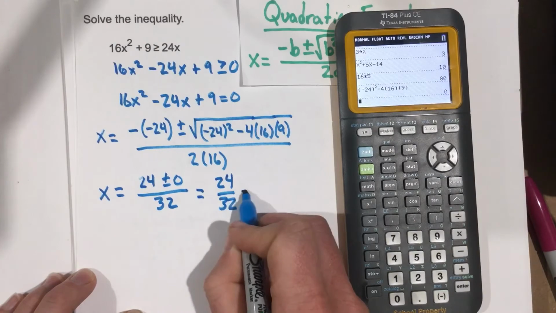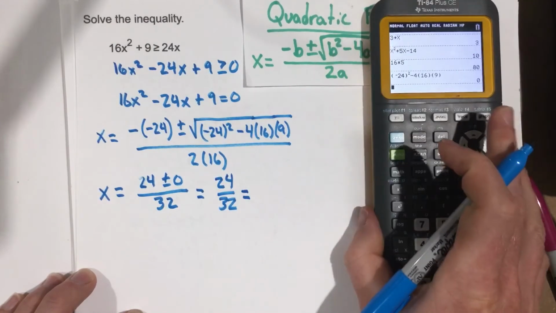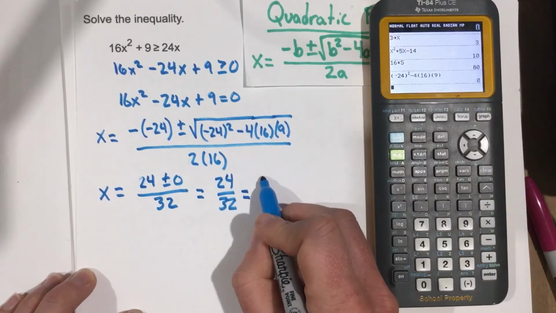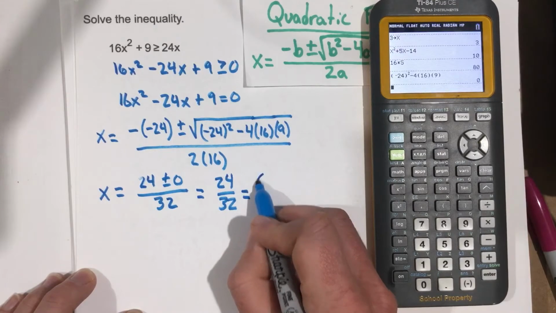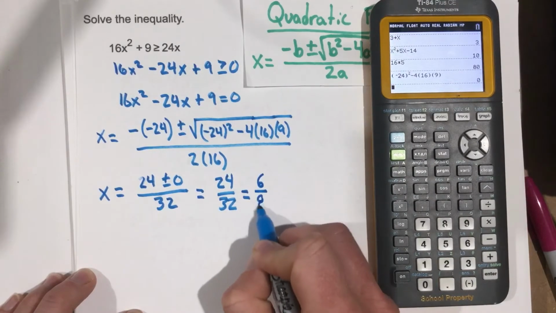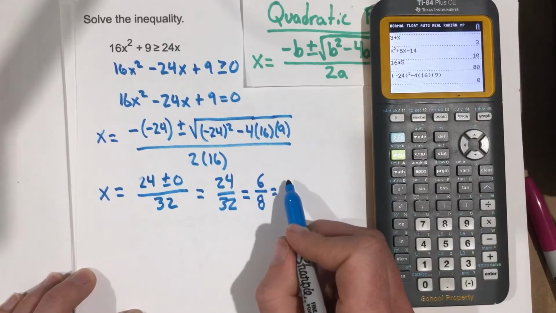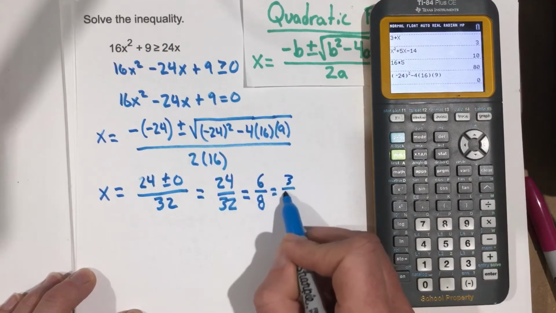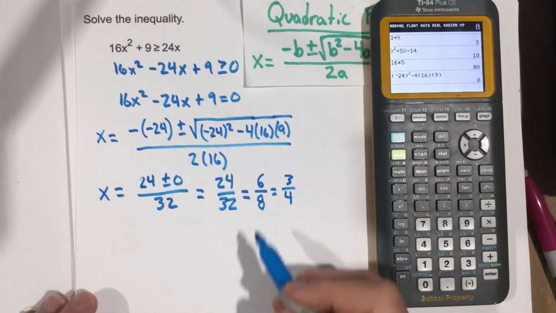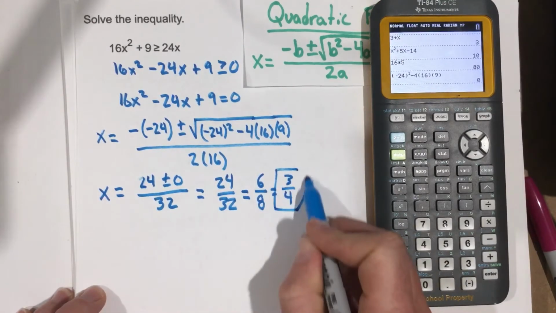We can reduce that 24 over 32 if we divide them both by 4. We'll get 6 over 8. And we can divide them both by 2 again. So that's 3 over 4. Okay, so x value is 3 over 4 here.